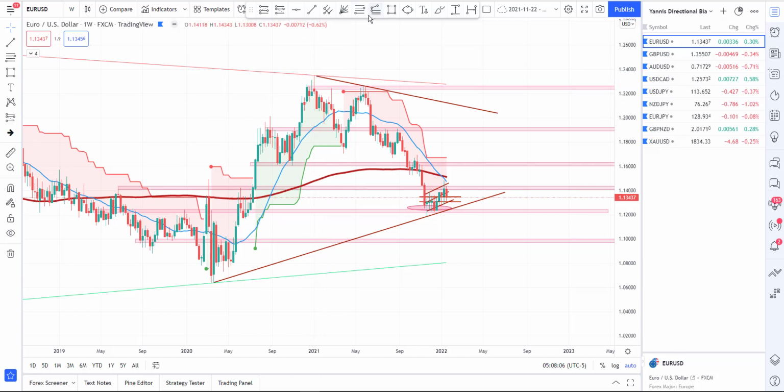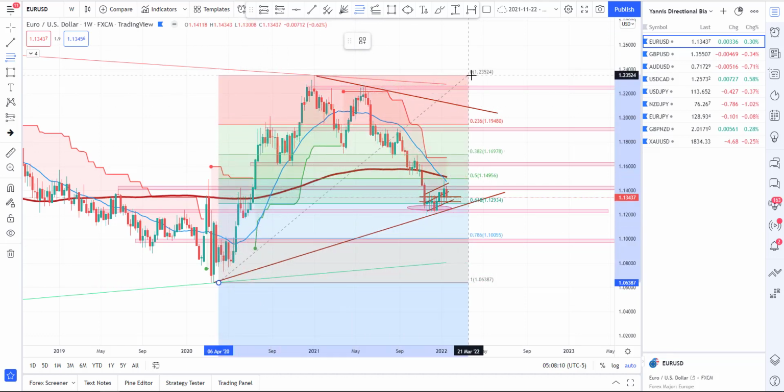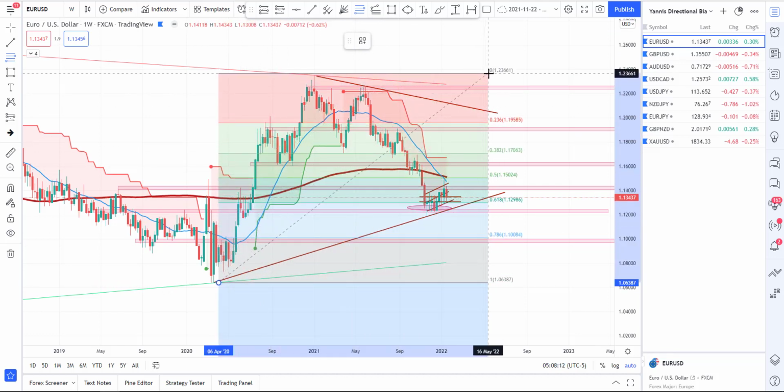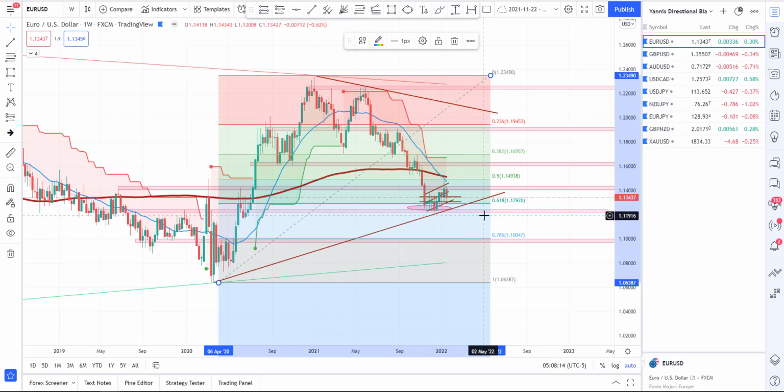If you draw your fibs on that swing, you will see that not only did we have that very strong resistance on the way down, but also we had the support of the 618 fib. And we knew that price was going to react to that retracement here.